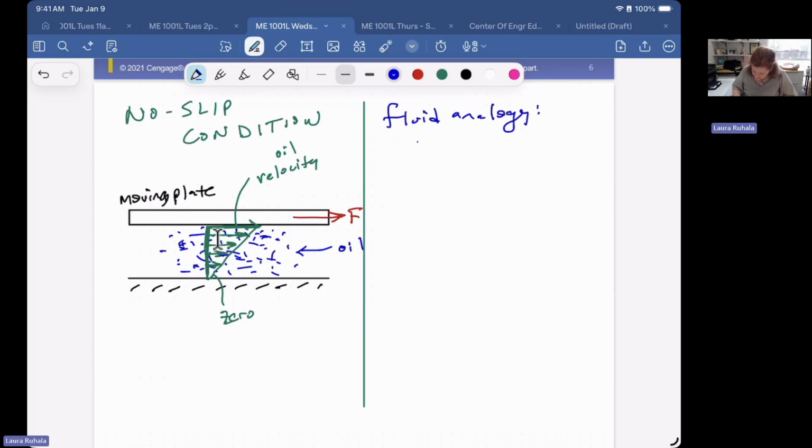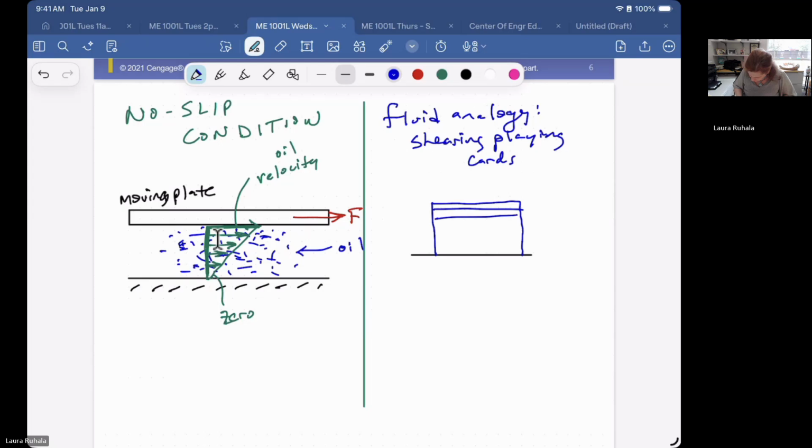If you sheared playing cards, okay, so let's say that I have my surface here, and on my surface, I have a deck of playing cards. So you can imagine there's a whole bunch of playing cards. And this would be my before condition.